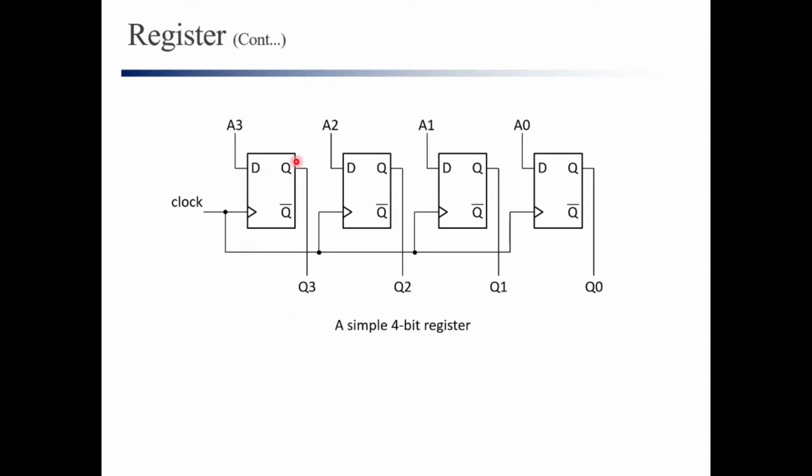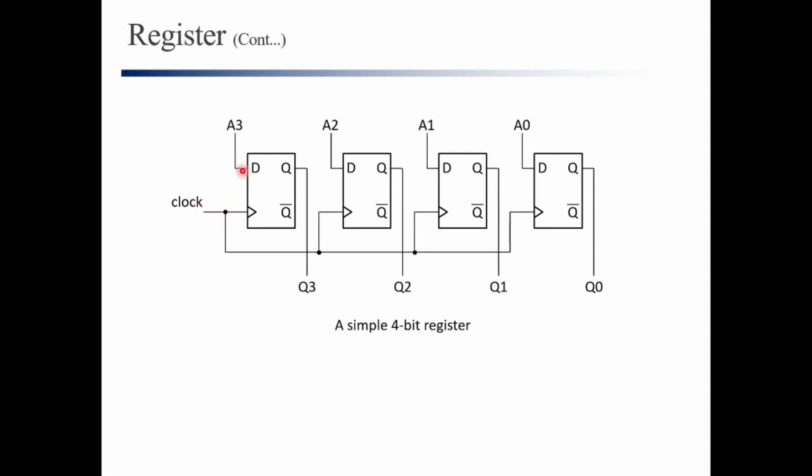So for example, if we have a 4-bit system, to store 4-bit data or information, you need to have four flip-flops like this. Okay, and the clock is connected to all of the flip-flops using the common clock.